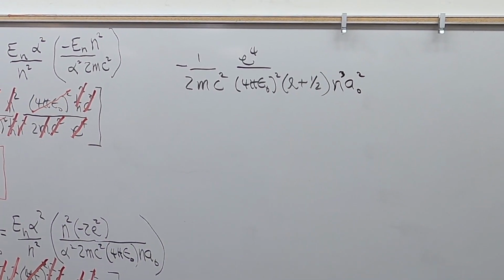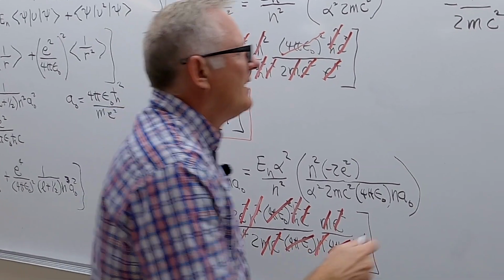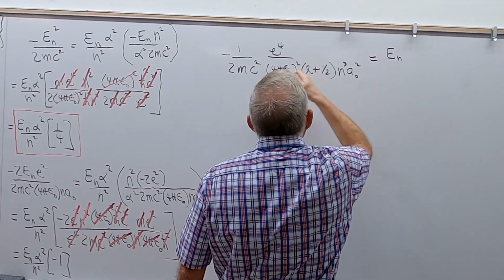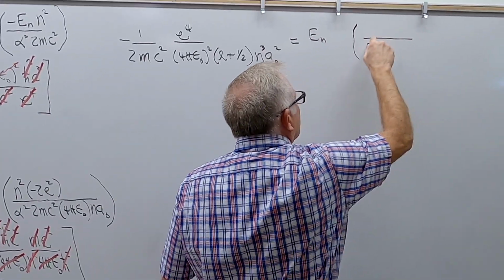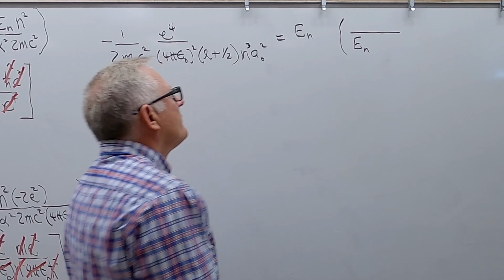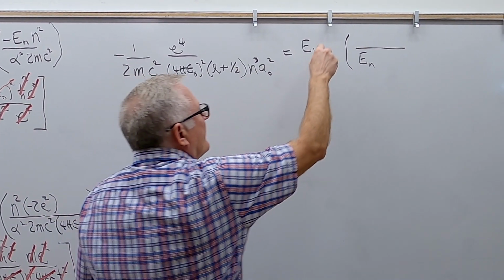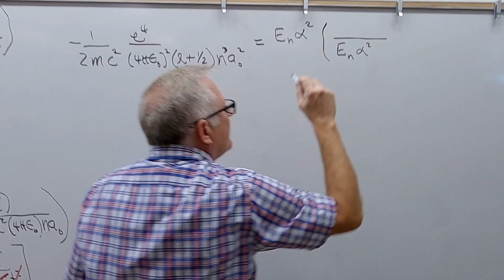Okay, so that term I want to write like this, like these ones right here. So I'm going to pull out an E sub n. I don't have an E sub n in there, so I'm going to have a 1 over E sub n inside. I have an alpha squared, which means I need an alpha squared there.